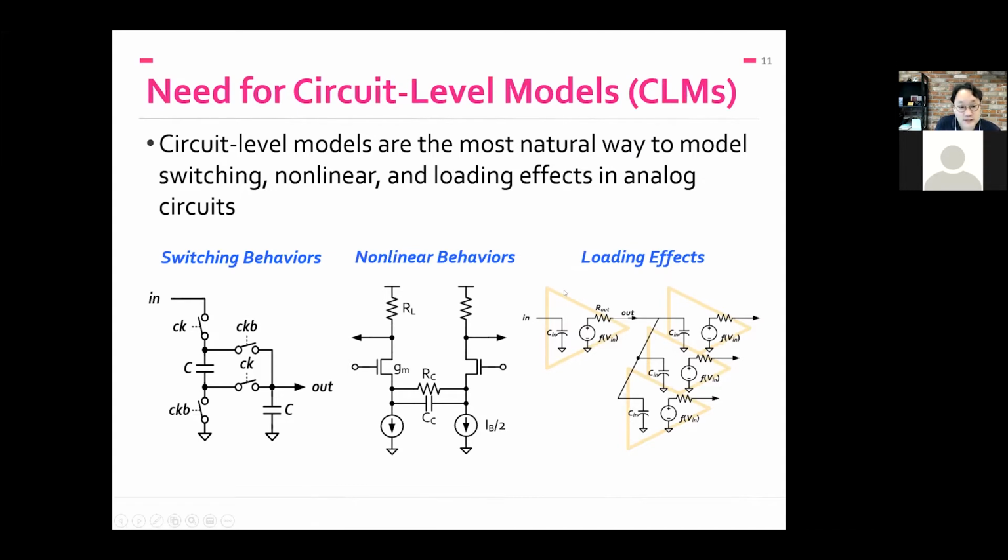If you try to do this in a block level model, it's not impossible, but your model gets weird or unnatural. For example, loading effects refer to the effects where the bandwidth or delay of the circuit changes depending on what you connect at the output. So the information is actually flowing backwards, and that's not natural to model in a signal flow model.